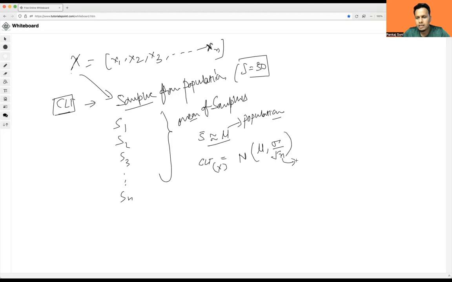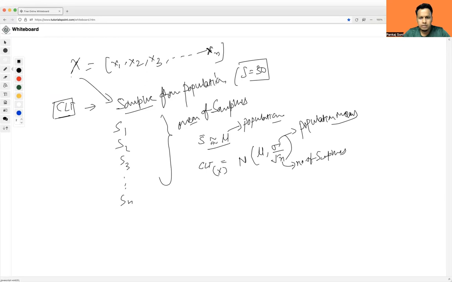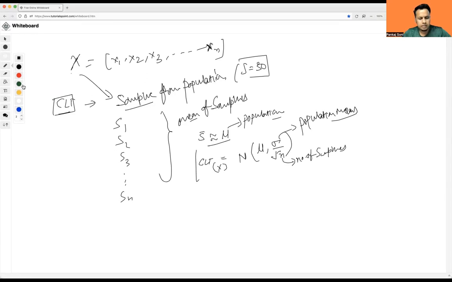This n is basically the number of samples, and this is nothing but the population mean. So when you have this kind of data, as per the central limit theorem, we got the formula for this. Let me just color code: central limit theorem says this.